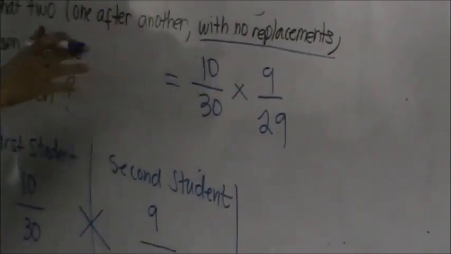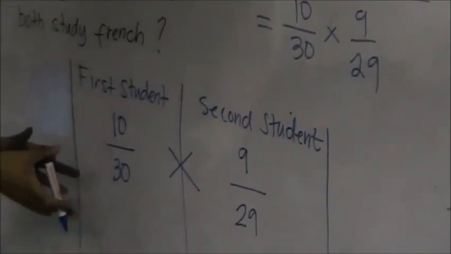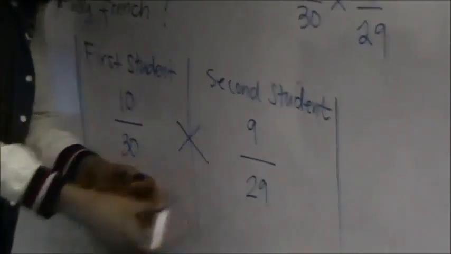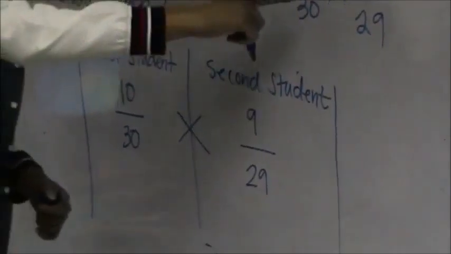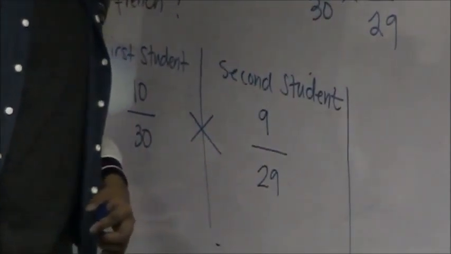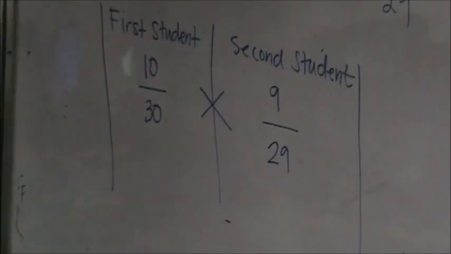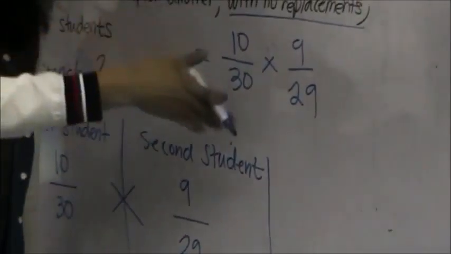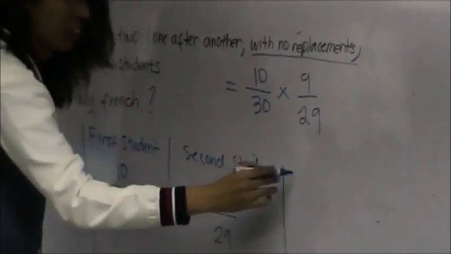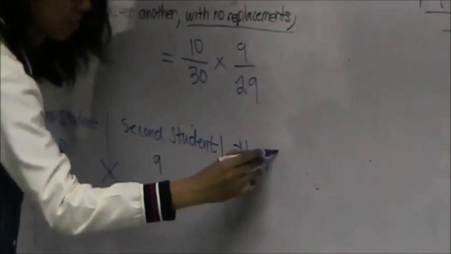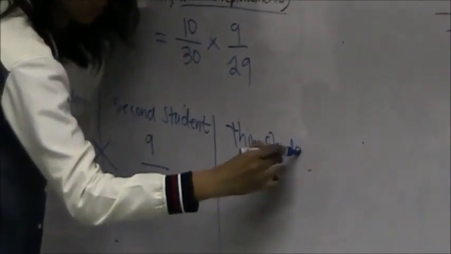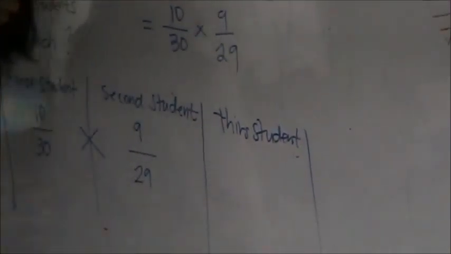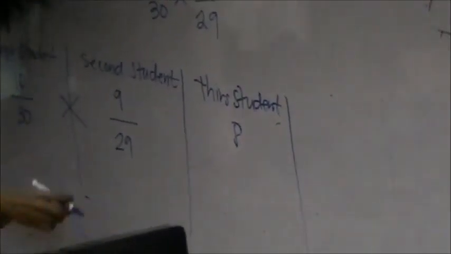We do understand that 10 over 30 is what we did a while ago. We understand that 9 over 29 is what we did a while ago. But why do we multiply? If you're not going to ask why we multiply it, that's as easy as answering it. If I even ask you to do a third student, that would just be 8 over 28, because there's 9 before you get another student.